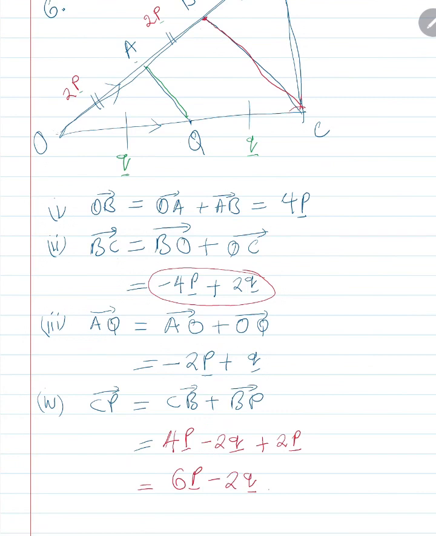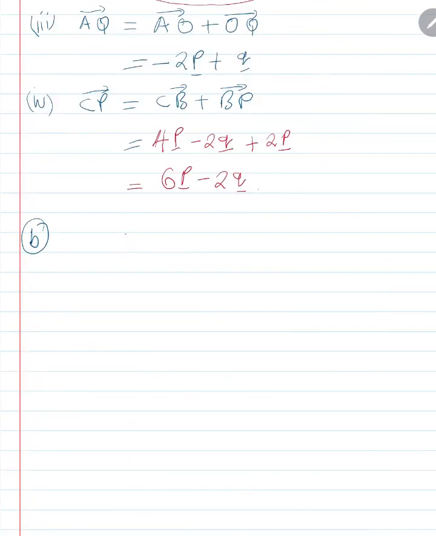That's it. B says the gradient function, so I could just say m(x). Normally m will represent the gradient, so m(x) is given by 3x plus 2.